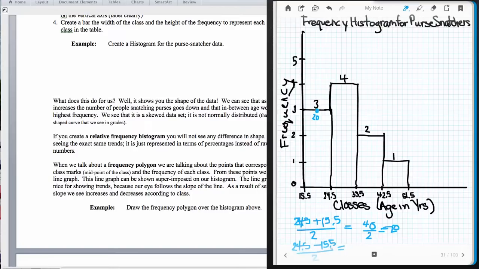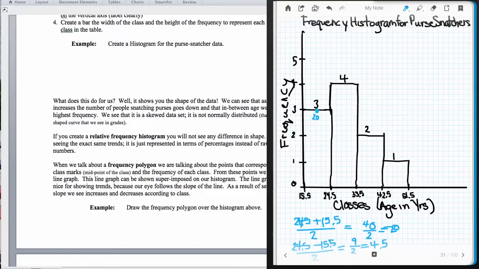So 24.5 minus 15.5, which is going to be 9, and 9 divided by 2, and that's going to give us 4.5 there. And the 4.5 plus 15.5, which gives us 20. So those are the ways we could do it.